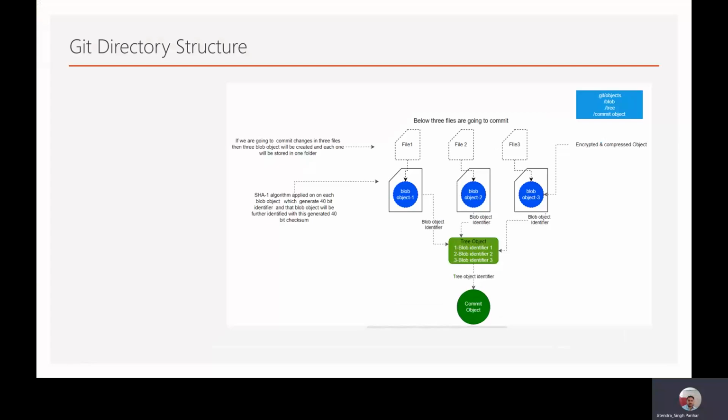To understand the object, first of all, we should understand that within the objects folder, three types of objects are stored. The first one is a file. When we add a new file in a repository, that file is first encrypted and then compressed.